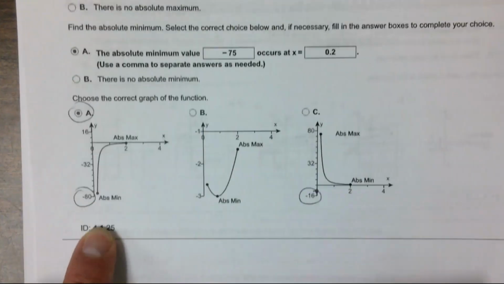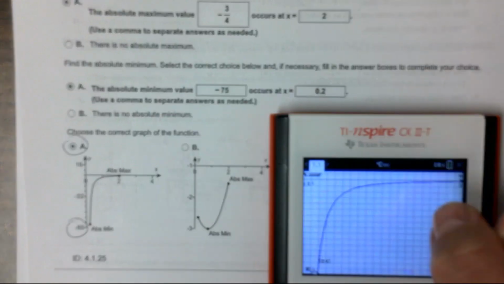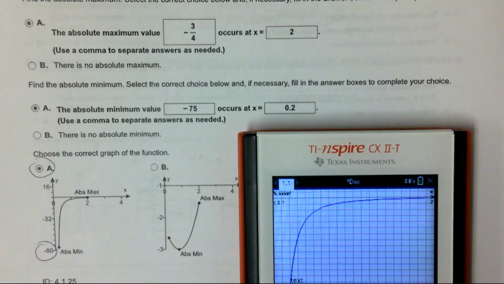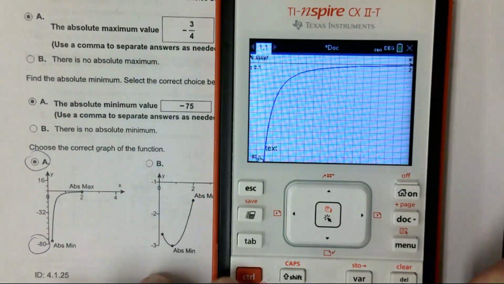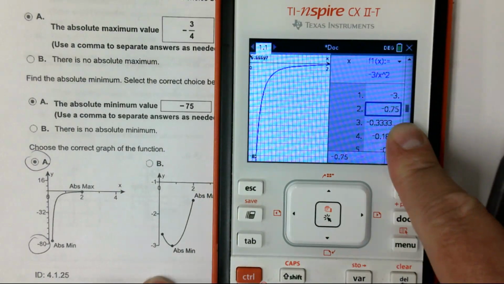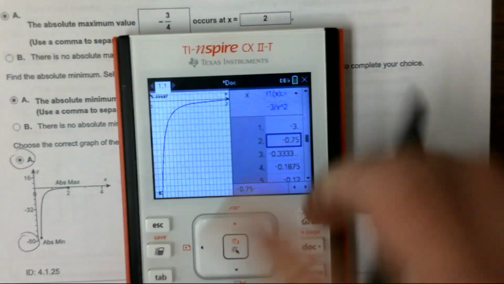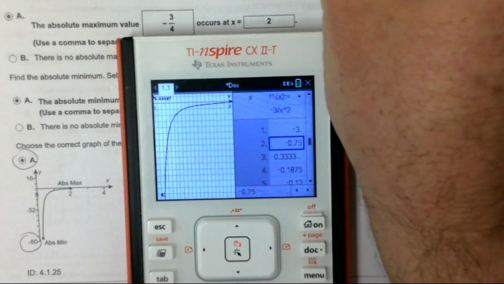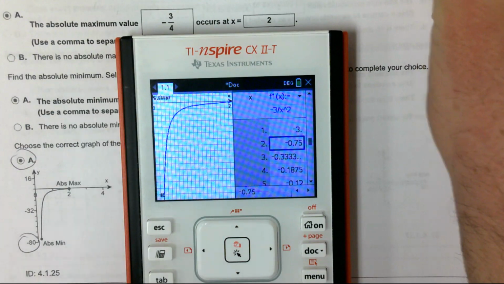Now, for your table part, this might be a little bit tricky. Not really. Okay, so this is going to be 2, -0.75, or you could think 2, -3/4.